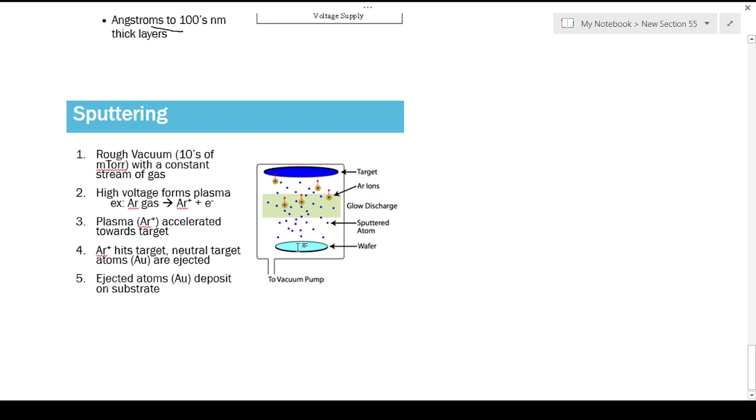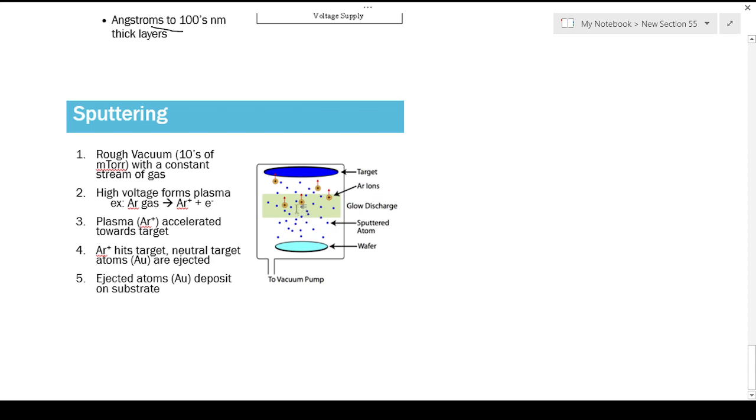If we have placed a gold particle on this wafer, the gold atoms will be ejected due to the high energy argon plus ions hitting the wafer. The ejected atoms will be deposited on the target, which is placed above the material.